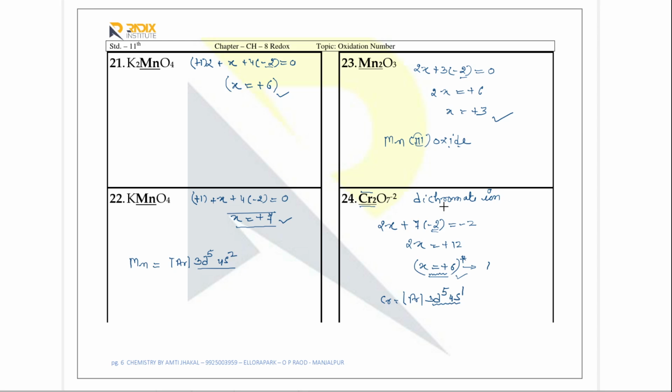What if by calculation chromium oxidation number comes greater than 6?